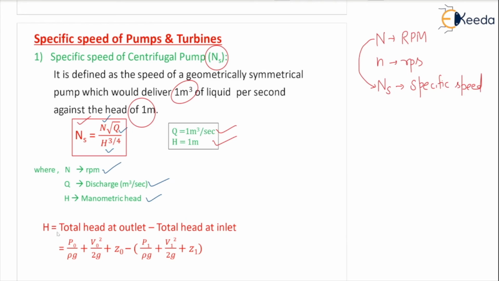So what is manometric head? Total head at the outlet minus total head at the inlet. So outlet you can write by O or 2 also, P naught by rho g plus V naught square by 2g plus Z naught, minus inlet is P1 by rho g plus V1 square by 2g plus Z1. So this difference will definitely give you the total manometric head. The unit will be meter.